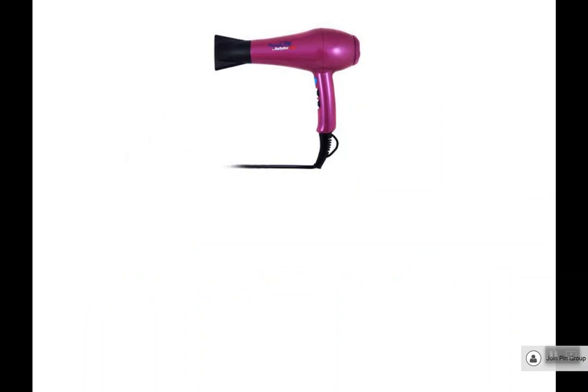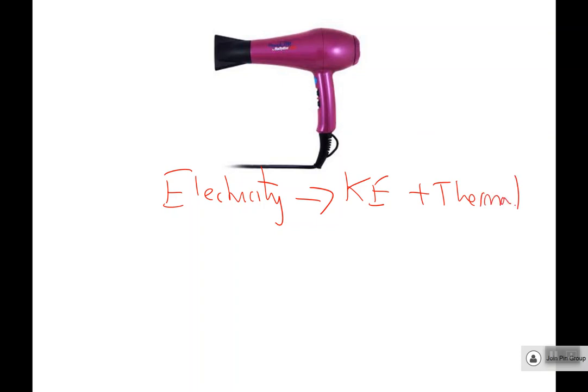Now, I said work being done is energy transfer from one form to another via a force. We can talk about work being done, though, in this case. We have electricity, and that electricity is going to be transferred into a couple of different types of energy: kinetic energy, and also thermal. This is not done by a force, but it is done by a current. So work can be done by a current rather than a force.